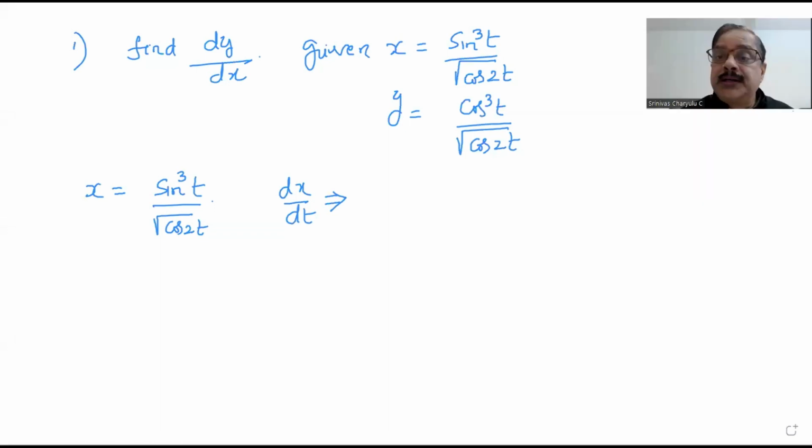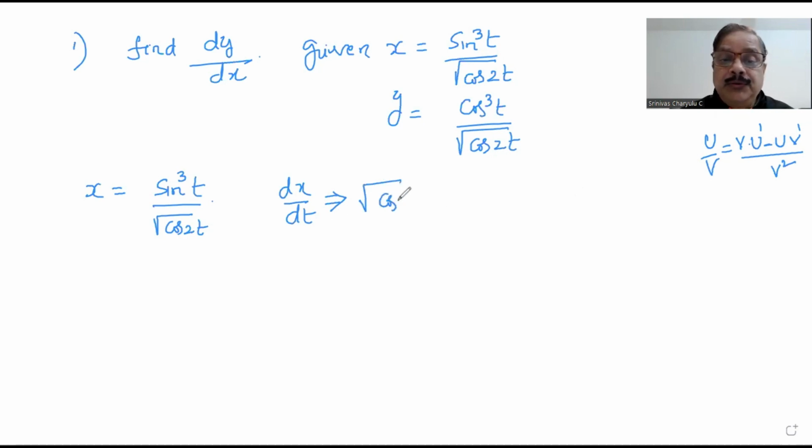Quotient rule we should understand or remember. What is quotient rule? U by v differentiation: denominator into differentiation of numerator minus numerator into differentiation of denominator divided by denominator square. So this formula will apply in this.